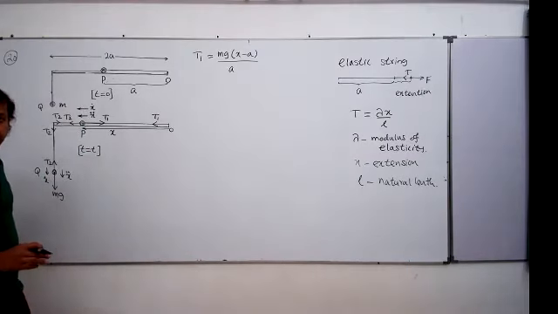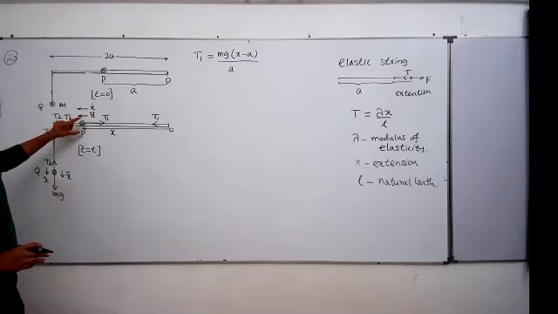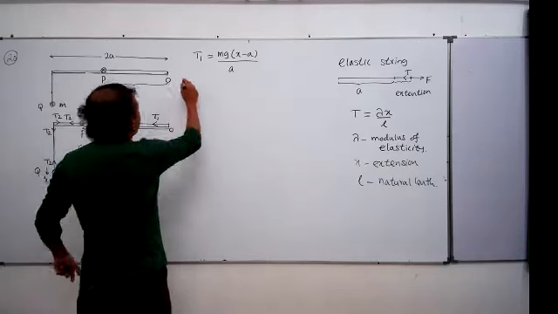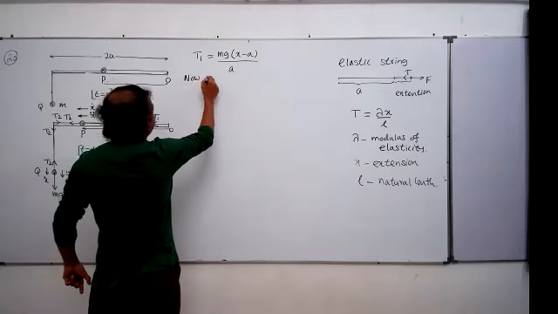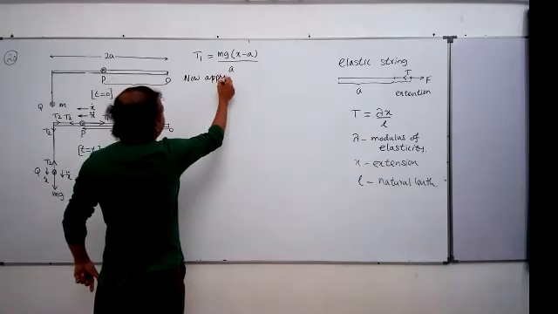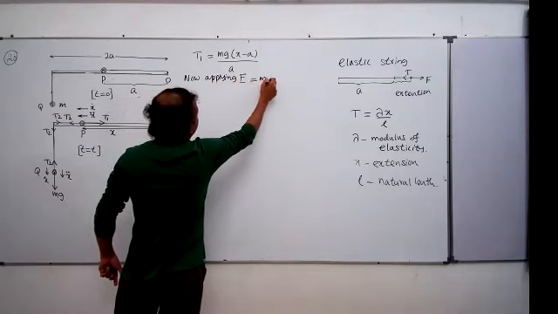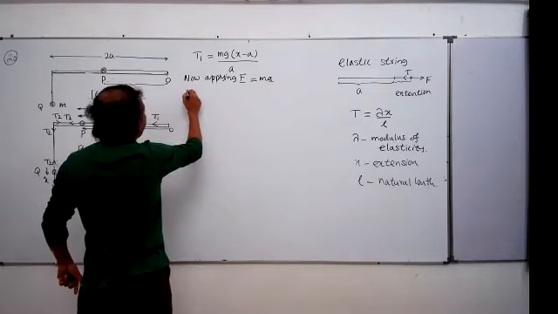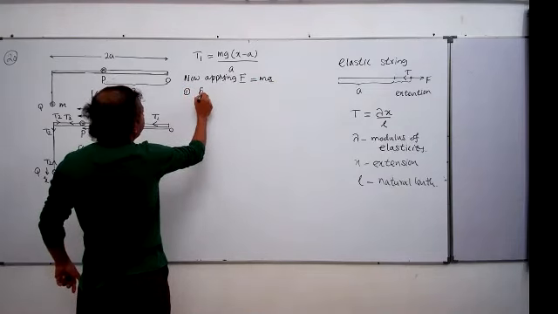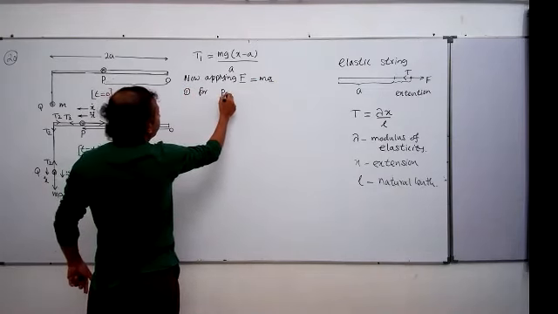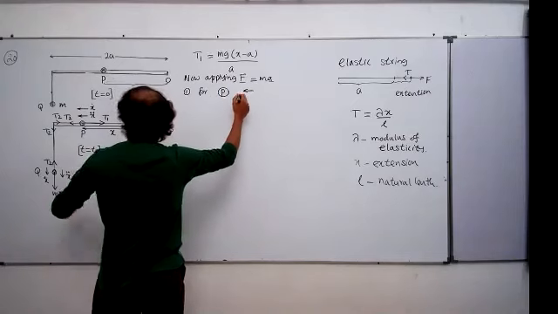Now we apply F equals ma for the particle P and the particle Q both. F equals ma, number 1, for P. We apply in this direction. What do you get there?